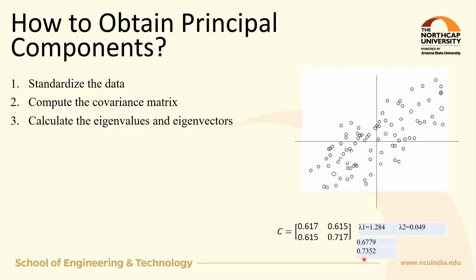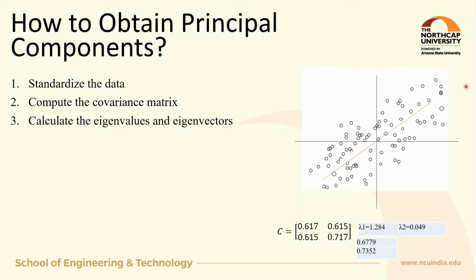So if you mark this point in this graph, you will get a point corresponding to 0.67 and 0.73 somewhere here, and corresponding to this point you can draw the vector like this, which will represent my new axis.